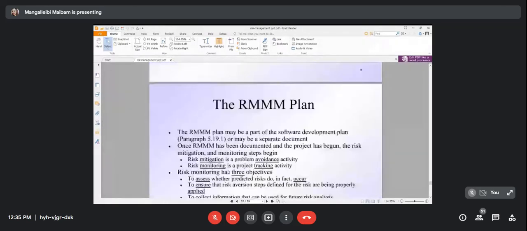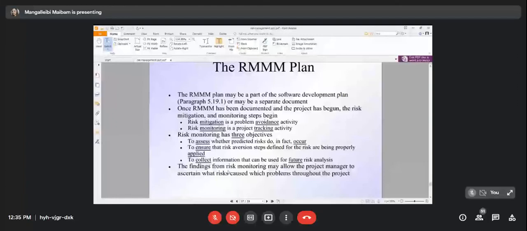So RMM plan, risk mitigation, monitoring, and management. Mitigation, as I told you, it is a problem avoidance activity. We are going to avoid any kind of problem that might occur. And in monitoring, it is a project tracking activity. So how to monitor the risks.